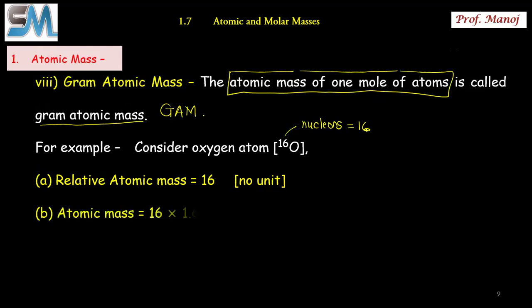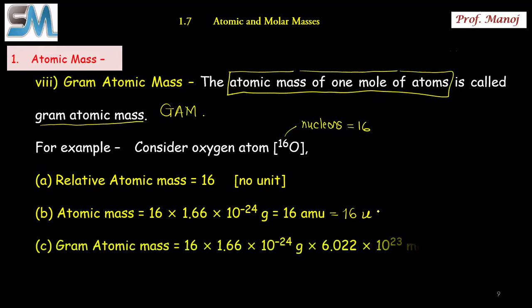What is atomic mass of it? 16 into 1.66 into 10 raised to minus 24, or simply write as 16 AMU, or even in modern sense you can write 16 U. Now they ask you what is gram atomic mass. So we said atomic mass of 1 mole. But how much is 1 mole? Isn't it Avogadro number?